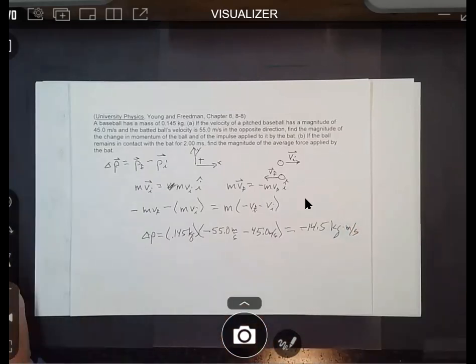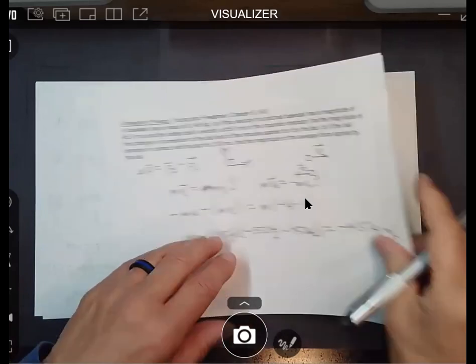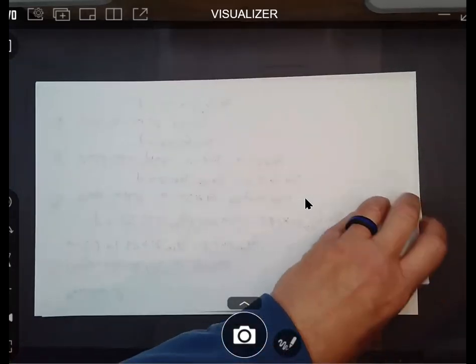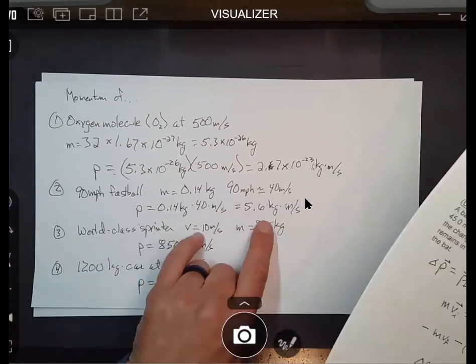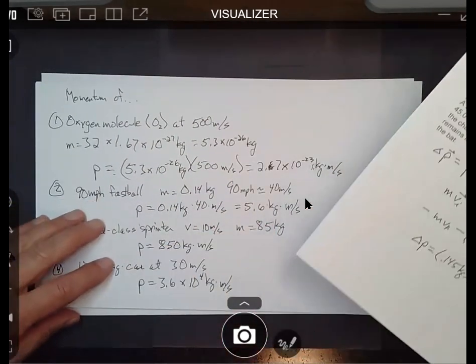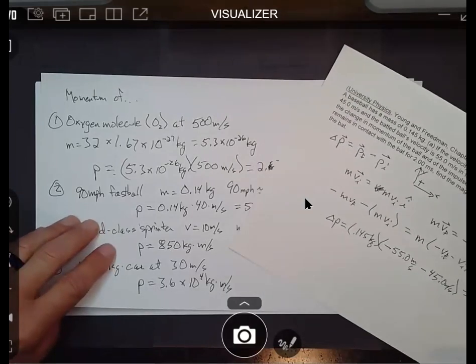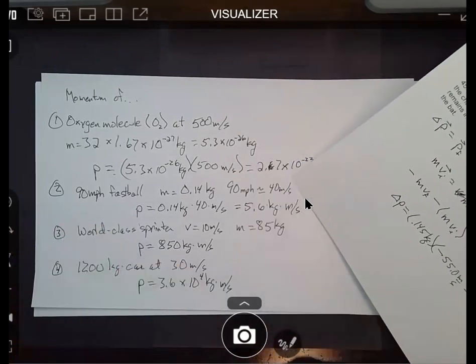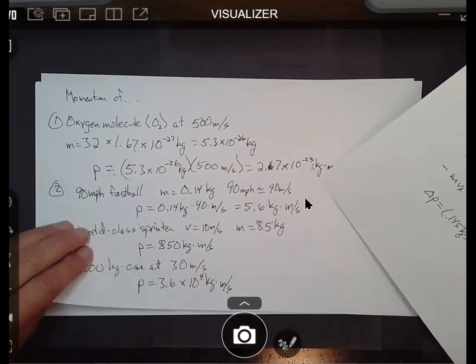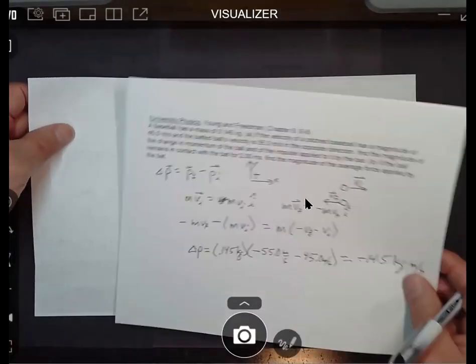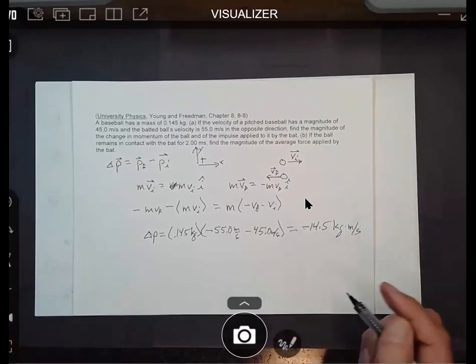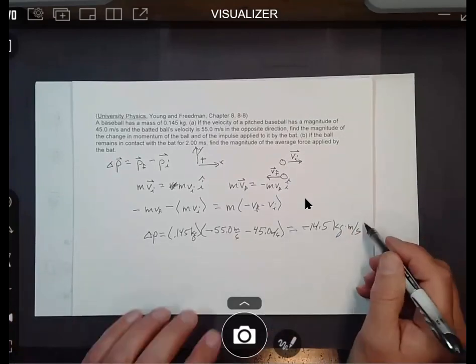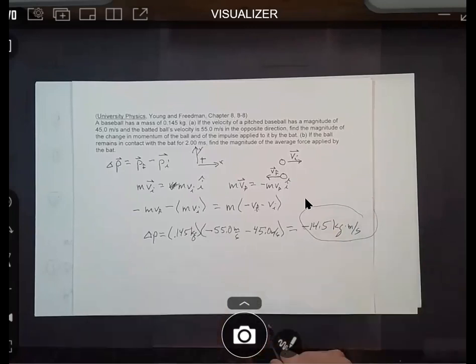Okay, now what did we have for that baseball in the first place? I had a slower pitch. I had about 5.6 kilogram meters per second, and this was a faster baseball, and it's the change in momentum that got hit back in the opposite direction just as fast or faster than it was going in the first place. So not surprising that that's about 3 times the size.